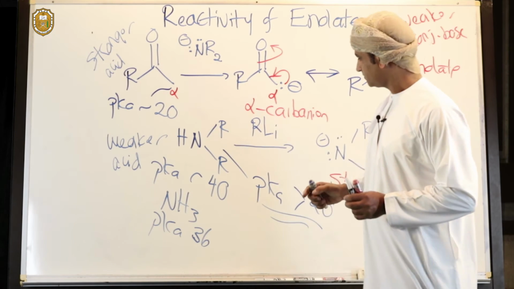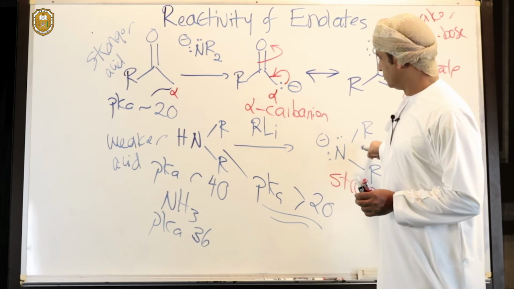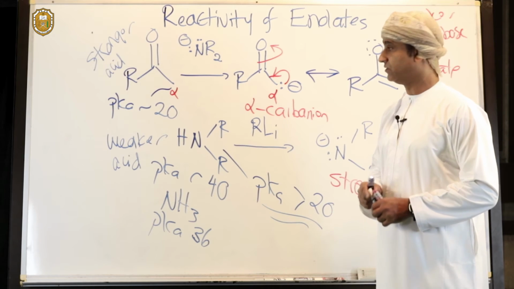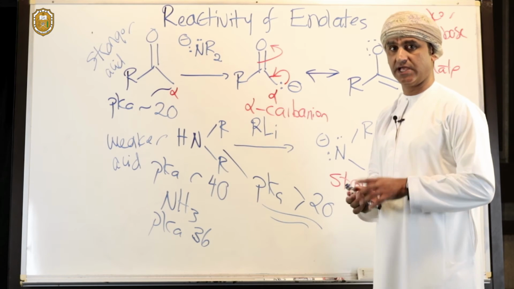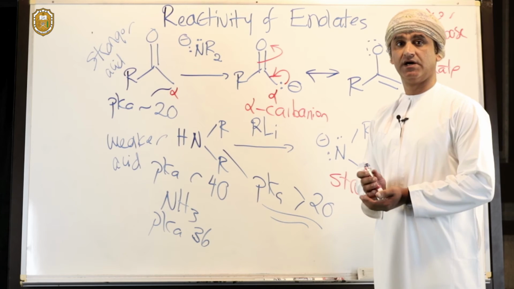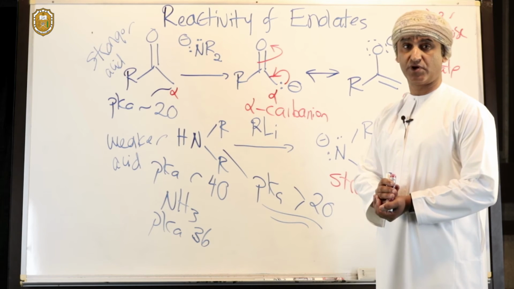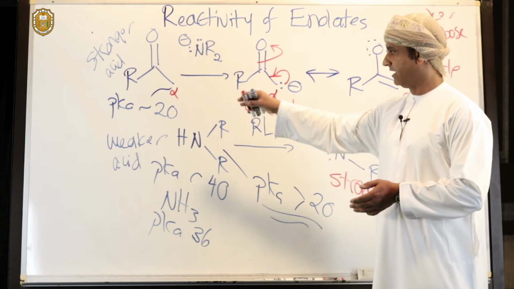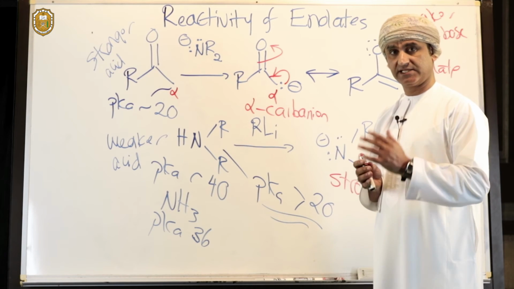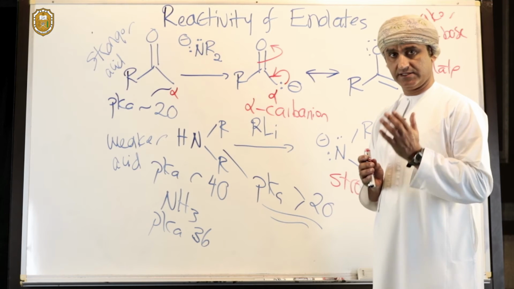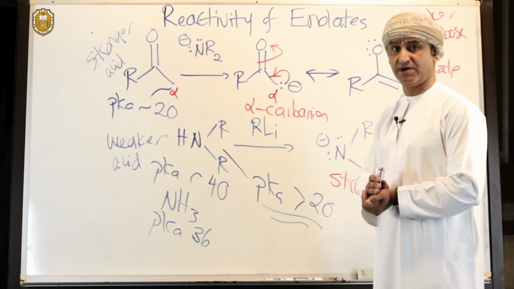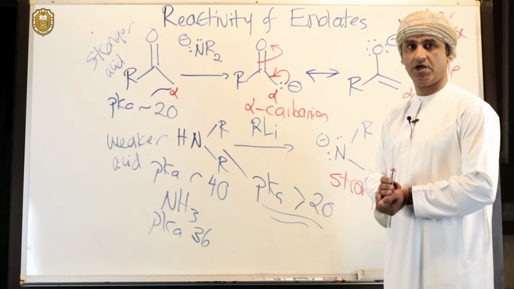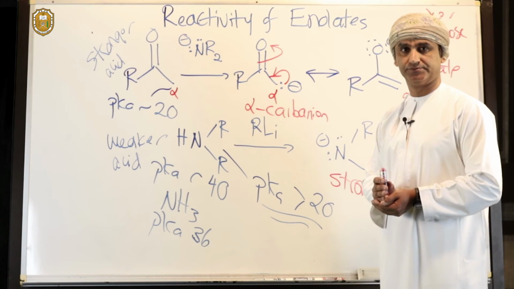Any base which comes from an acid whose pKa is higher than 20 can deprotonate ketones at the alpha position. So amide ions in general are suitable bases to deprotonate ketones and other carbonyl compounds of a similar or slightly higher pKa, to make the corresponding alpha carbanion or enolates.